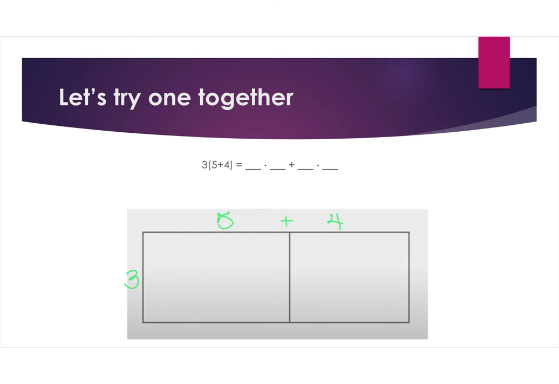And then we're going to use the area model to multiply. 3 times 5 equals 15. 3 times 4 equals 12. And then we need to add those together. So 15 plus 12 is 27.